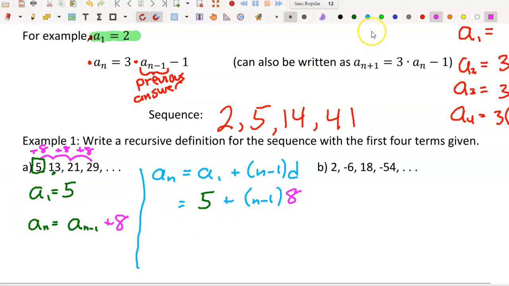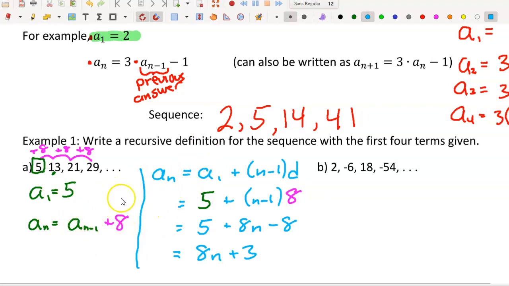And of course, with the general, we could distribute and simplify a little bit. So these have different functions. If I just want a long list of all the numbers, the recursive is a lot faster, because you just keep adding 8 to get the next number.